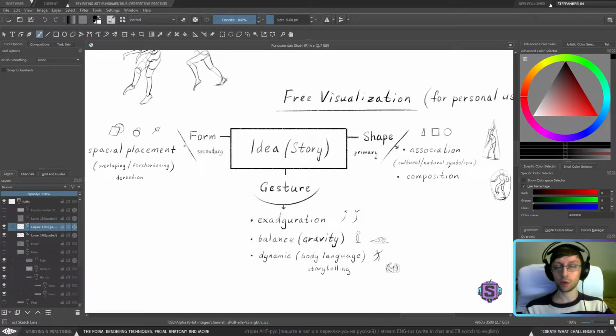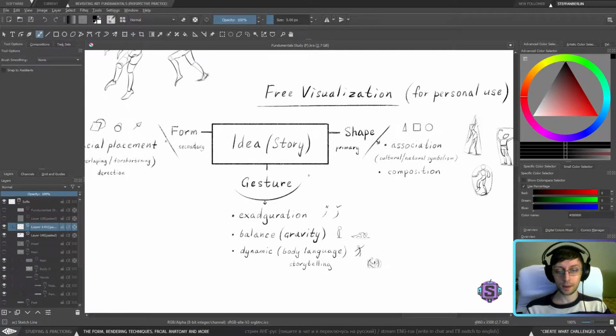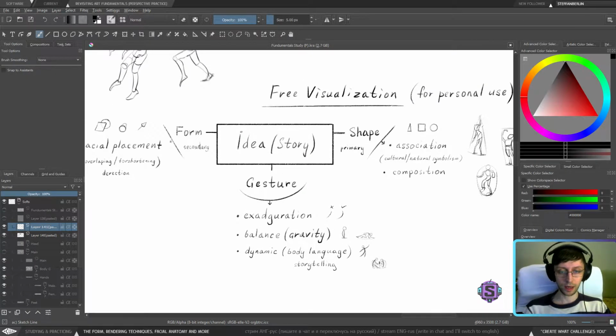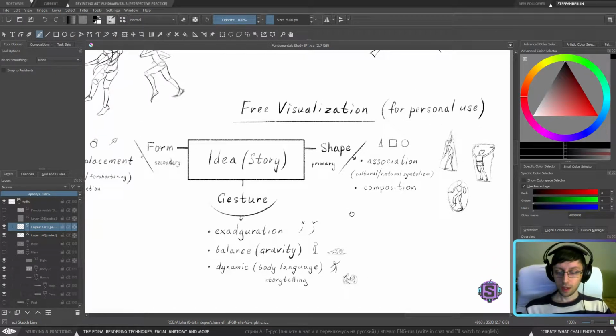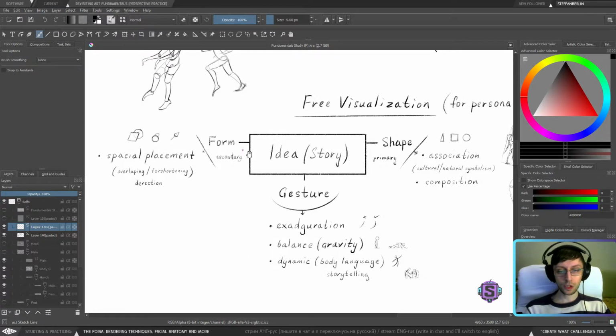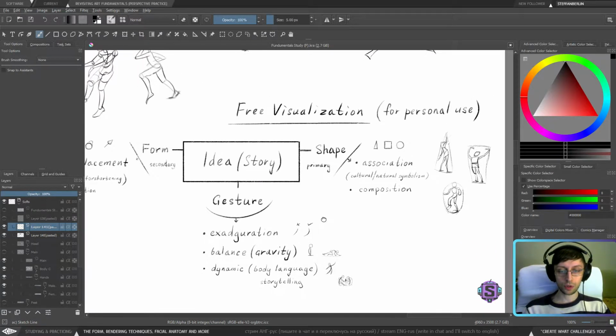Since gesture is an open topic, we're going to discuss it a little later, and maybe we will understand it better through this experience of trying to figure out a way to visualize freely, again for personal use. We're going to establish better what gesture means, but in general I decided to divide them into three parts.